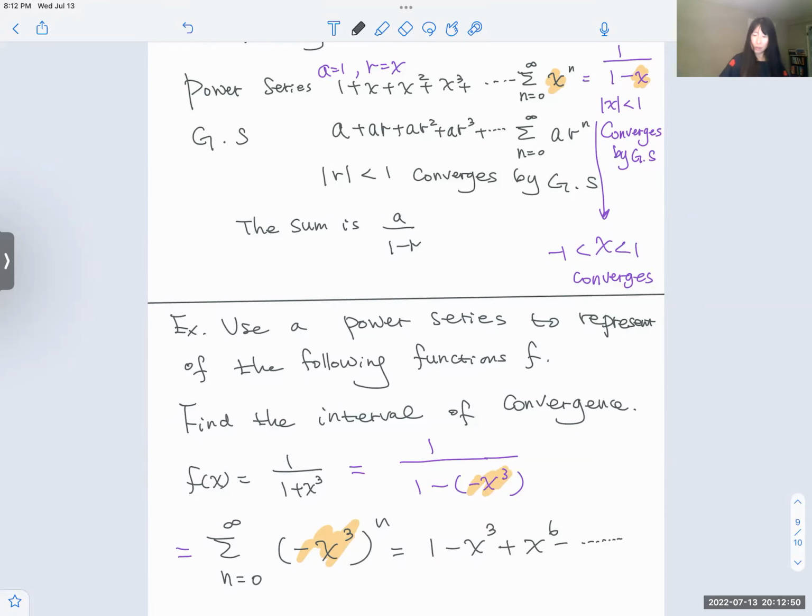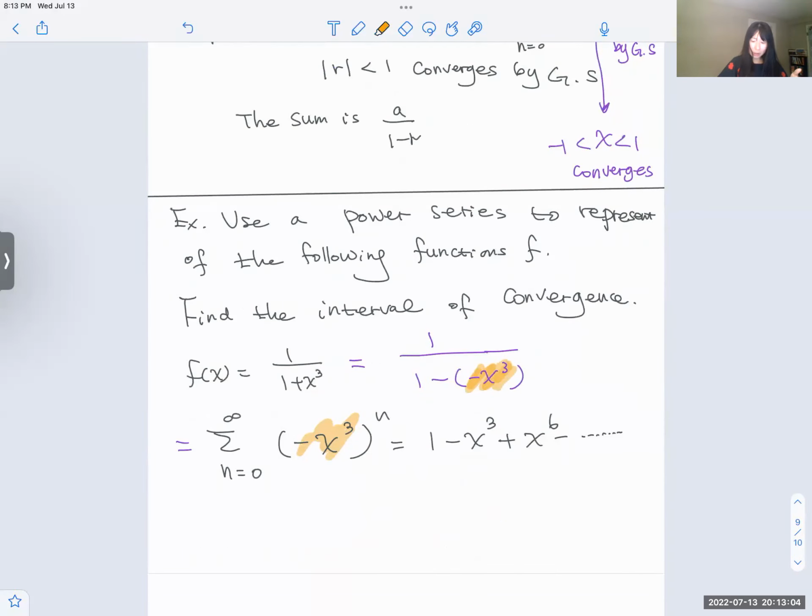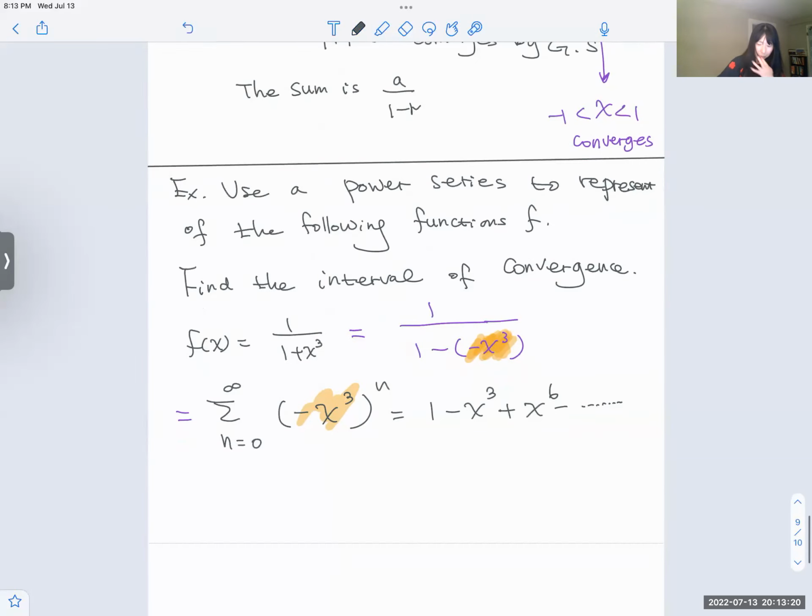Now, it converges when the absolute value of x is less than 1. This part is like the geometric series format, where this is r. So negative x to the third power, in absolute value, is less than 1 and converges.